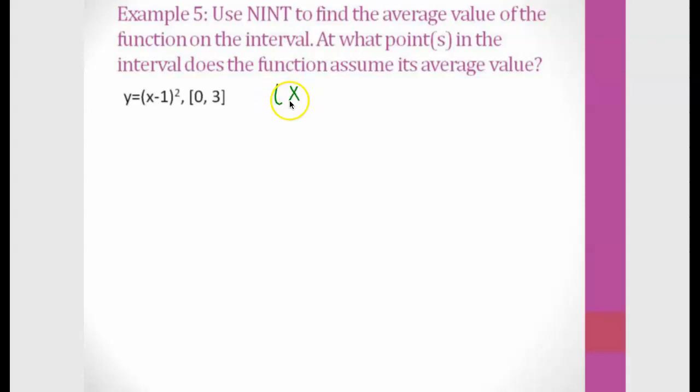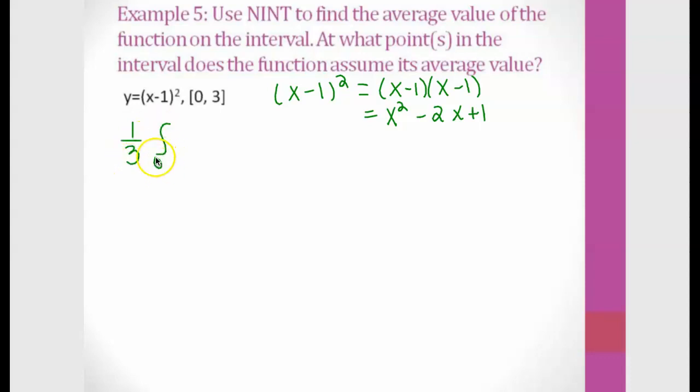So I'm going to manipulate x minus 1 squared and say that's x minus 1 times x minus 1, which I'm going to say is x squared minus 2x plus 1. Because now I can take the integration of x squared minus 2x plus 1 on my interval from 0 to 3 and find its average value.